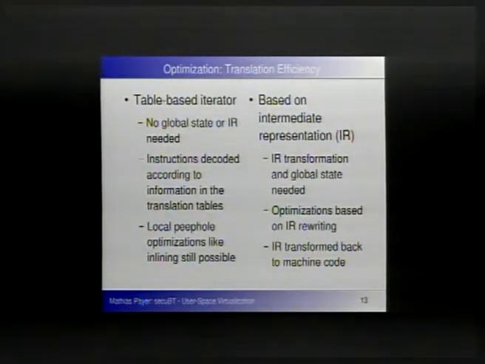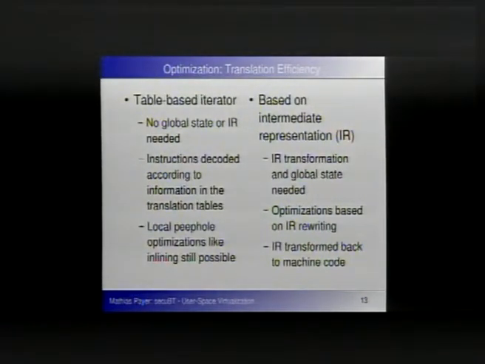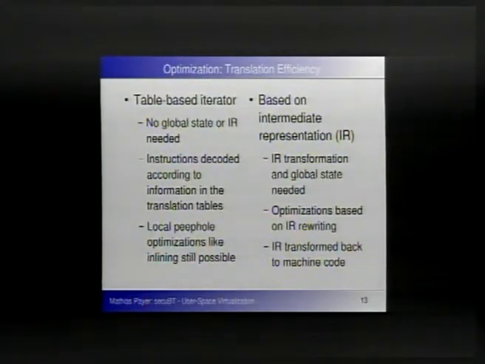On the other hand, the other approach would be based on intermediate representation, more compiler-like. There are specific applications which do this, like PIN from Intel, or even some other binary translators. But they all need IR transformation and a kind of global state.